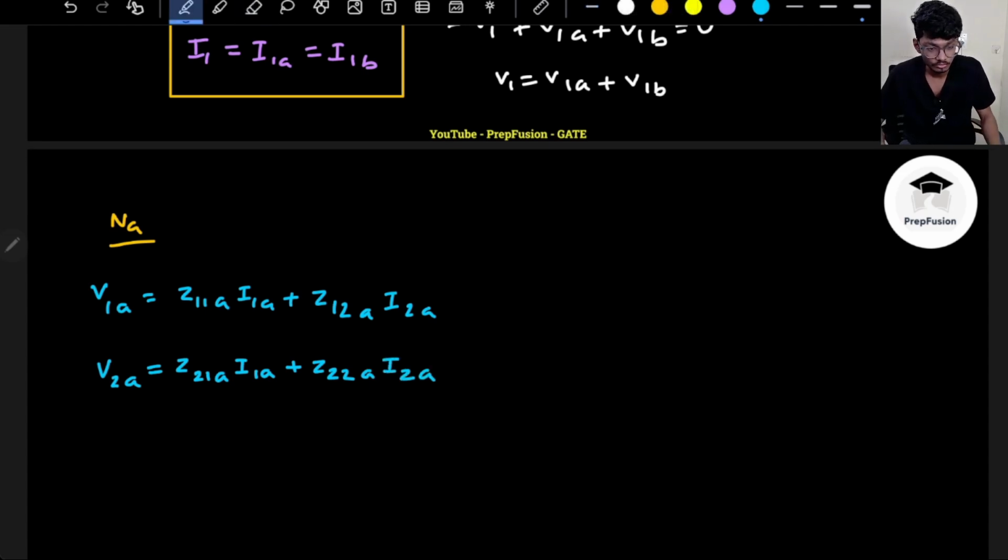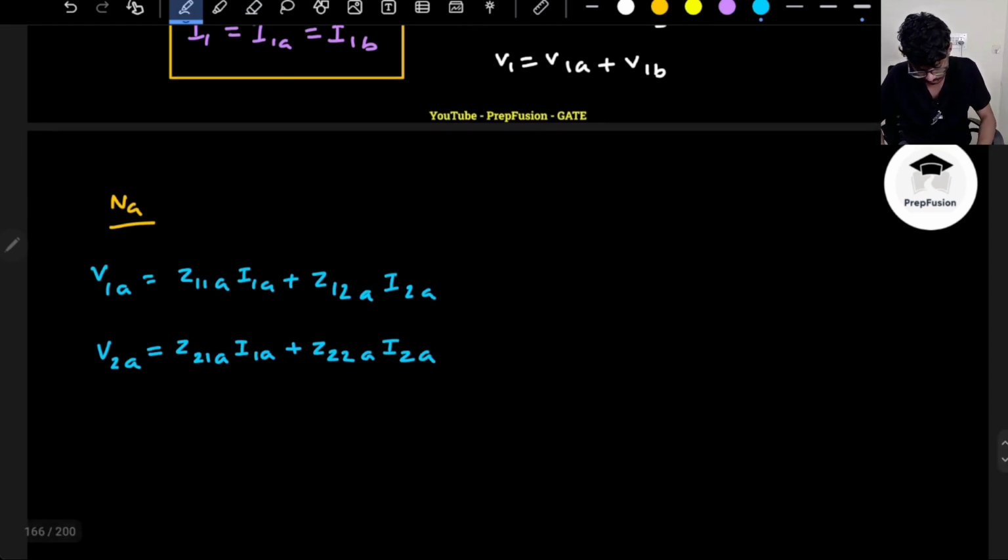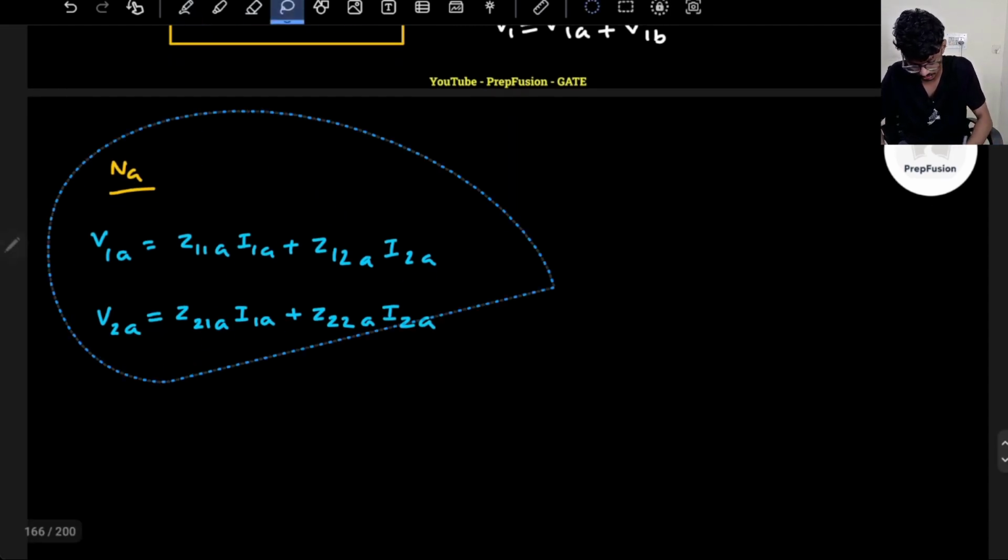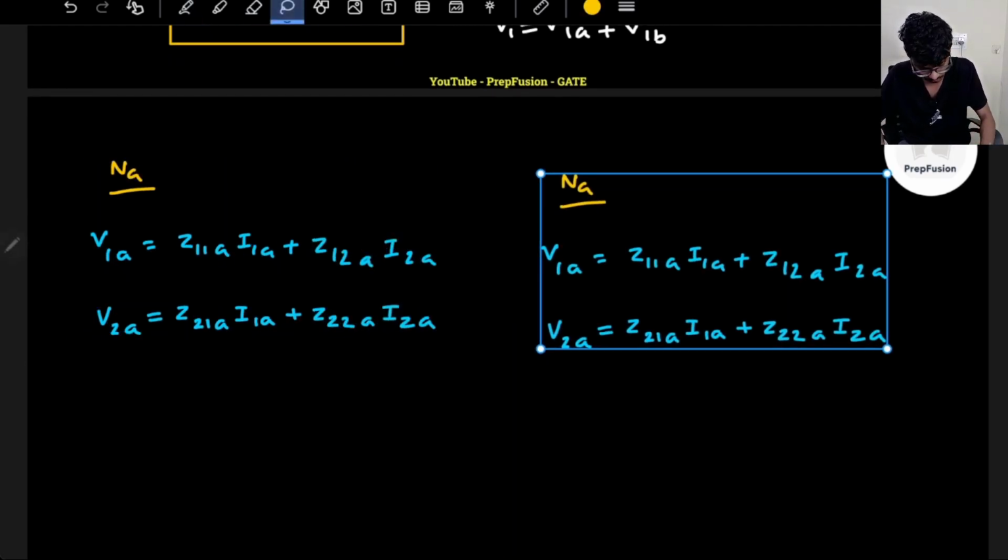Okay, so these are the individual equations of network A.